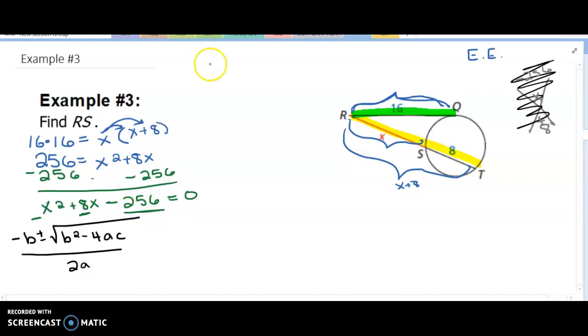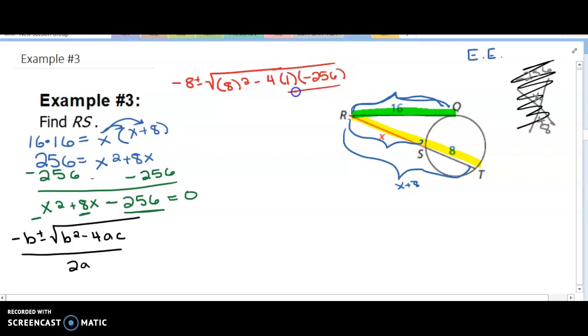So let's go ahead and start plugging it in. Okay, so negative B would be negative 8 plus or minus square root of B squared, so 8 squared minus 4 times A, which is 1, times C, which is negative 256, all over 2A, or 2 times 1.